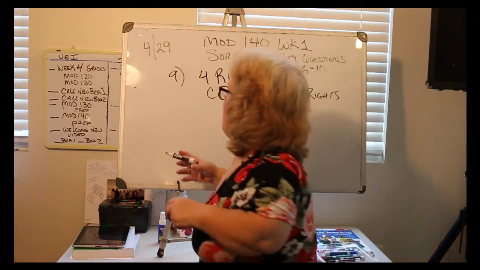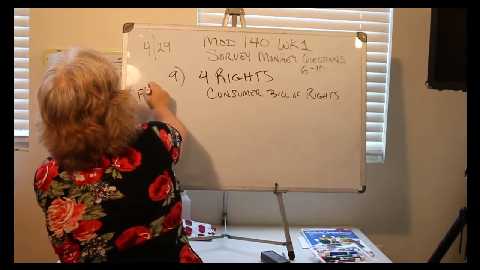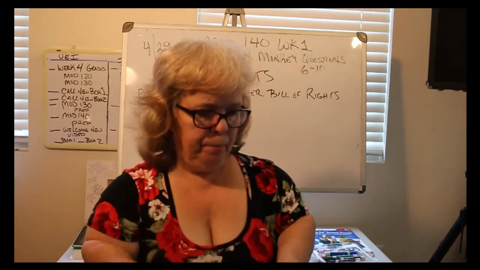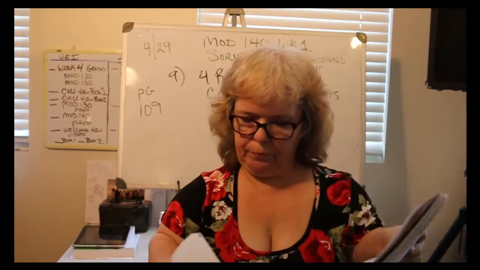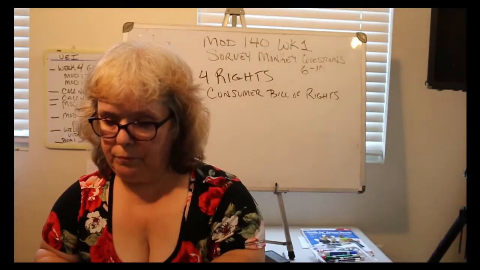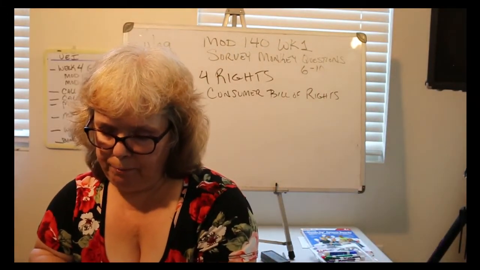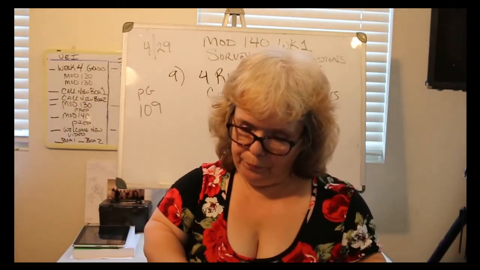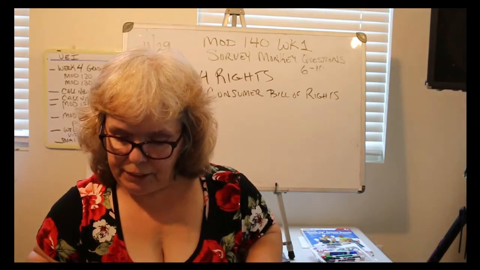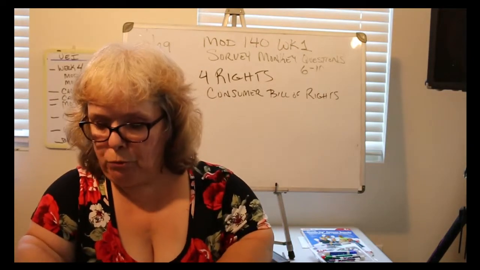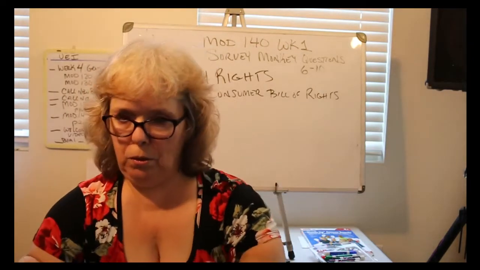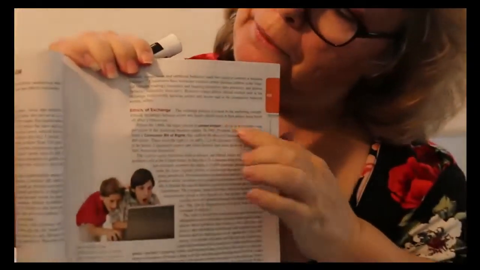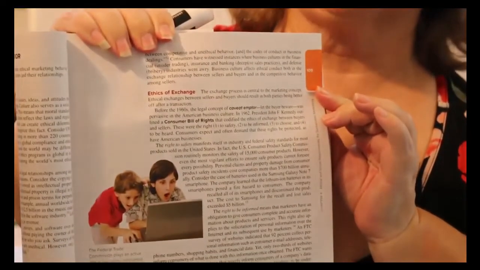And this can be found on page 109. So we'll go ahead and go there. And the Consumer Bill of Rights can be found on page 109, right here on the top, where it says Consumer Bill of Rights, where it talks about it.